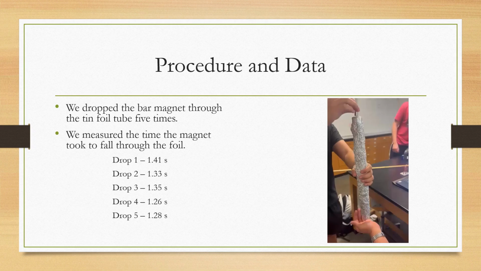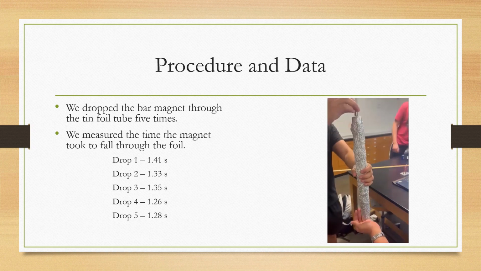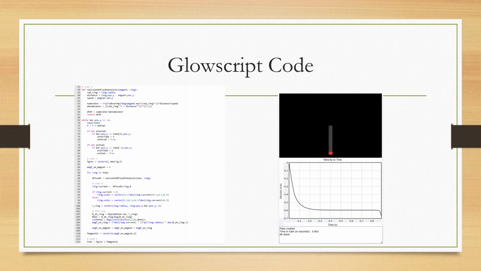For our experiment, we dropped the bar through the tube 5 times and timed it each time, and that is the data. Here's one of them. This was the code, where we modeled the effect of the current on the falling bar magnet.